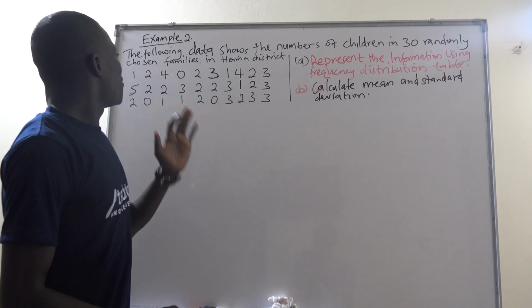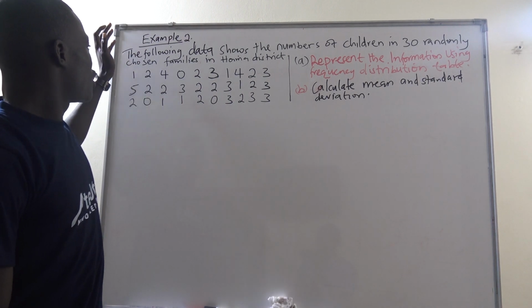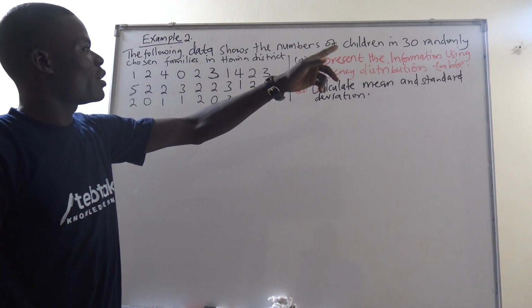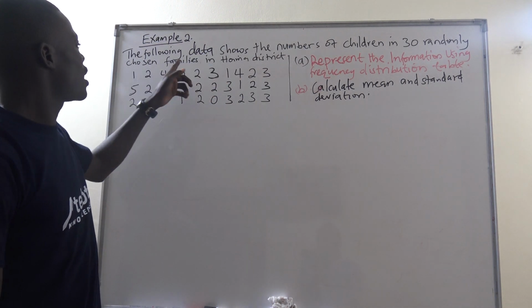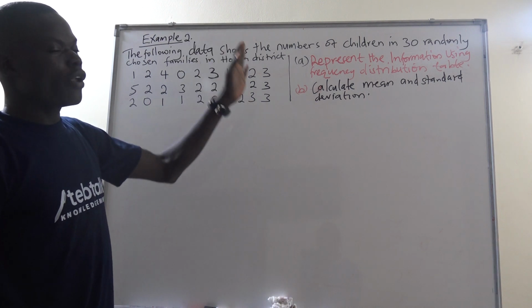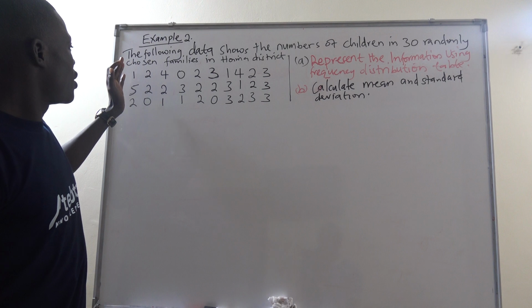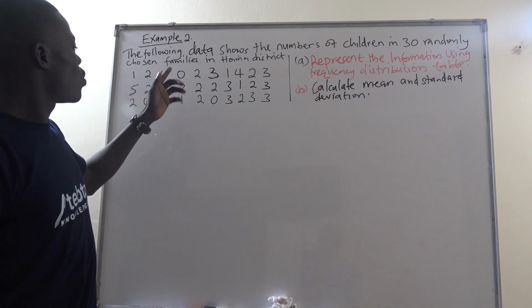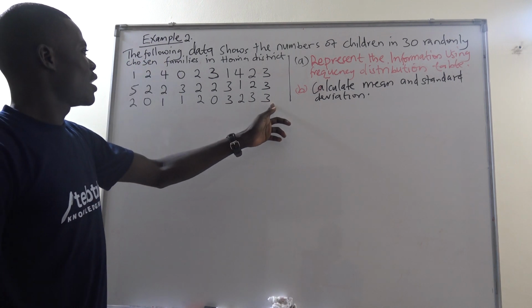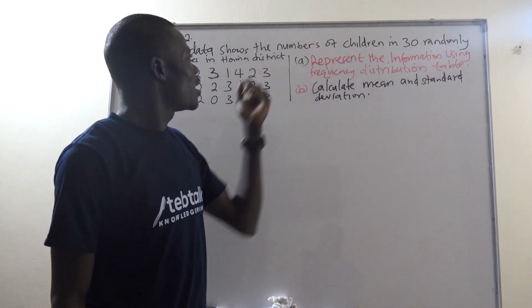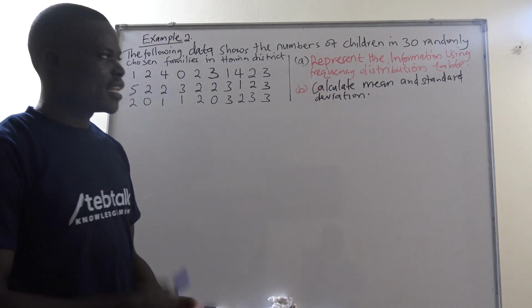So before me I have one example which reads, the following data shows the numbers of children in certain randomly chosen families in Oima district. The data which is given is here. You have 1, 2, 2 up to 3, 3. So they have said they are taking this data from certain families chosen at random.